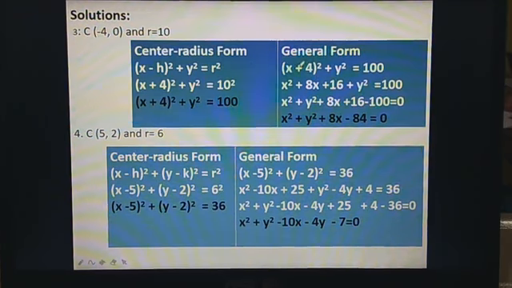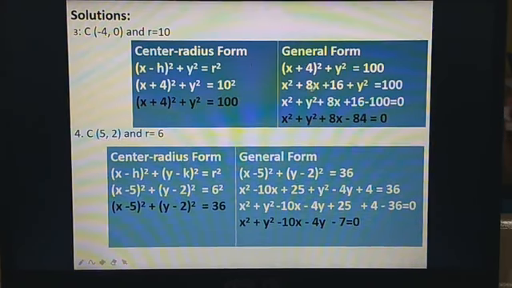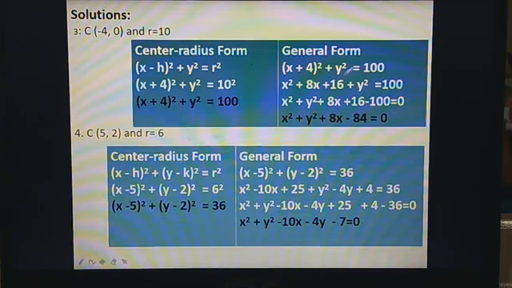So as what you have observed, if your binomial is positive, your middle term is positive. But if your binomial is negative, your middle term will be negative. Plus y squared equals 100. And then making the right side 0, let us subtract 100 both sides.